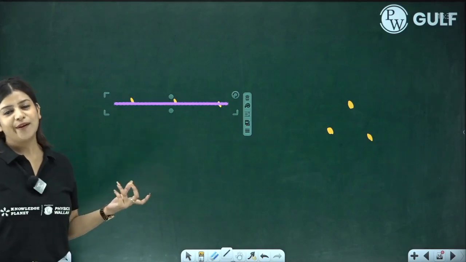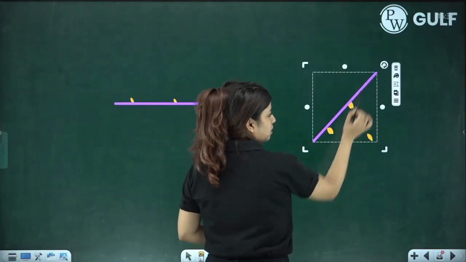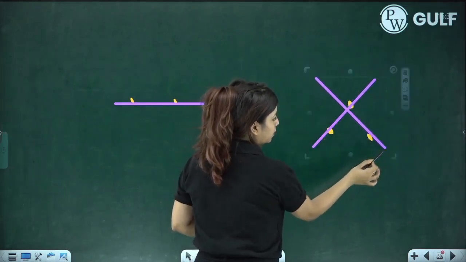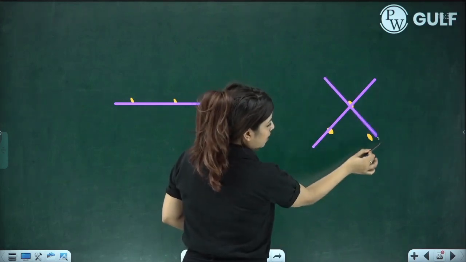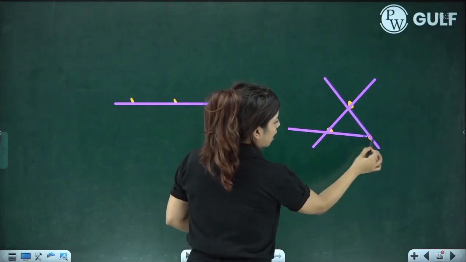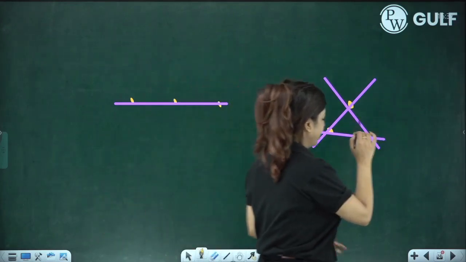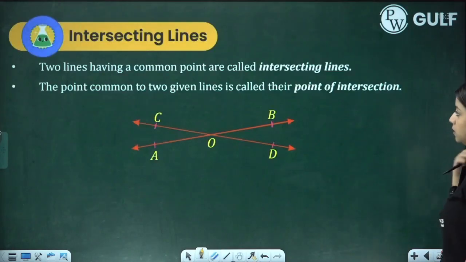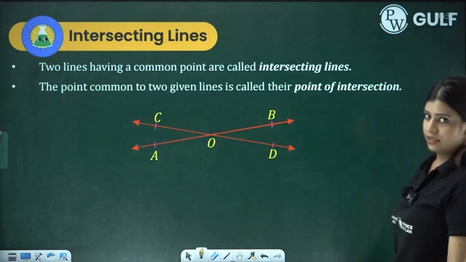So these 3 points are called collinear. In these 3 points, there is no such one line that passes through all 3 of them. So these points are called non-collinear.